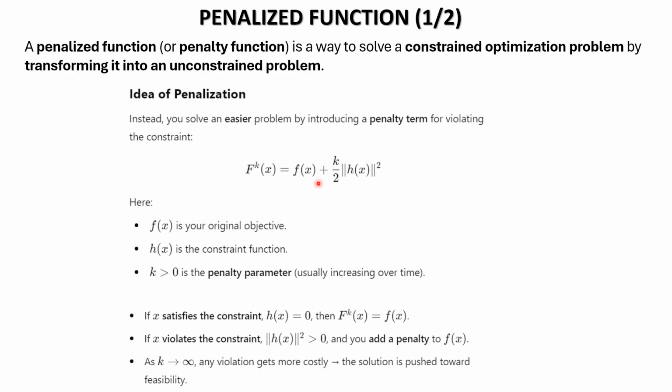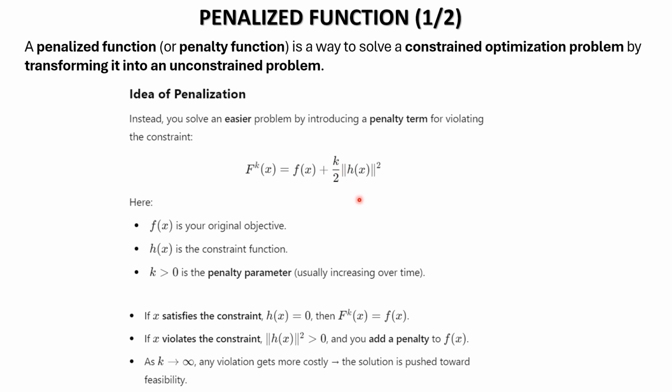So here we have our original objective function f of x, and the second term is the penalization term. h of x is a constraint function, and k positive is a penalty parameter, usually increasing over time.